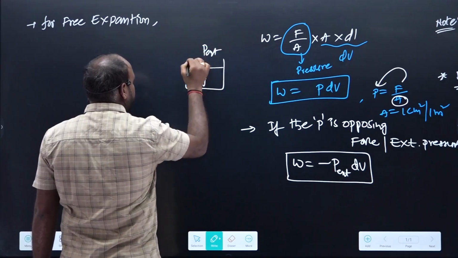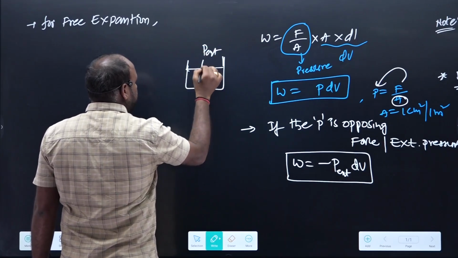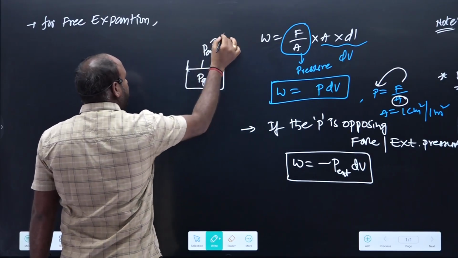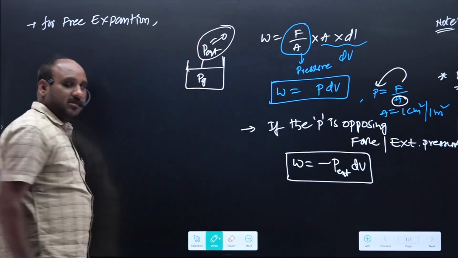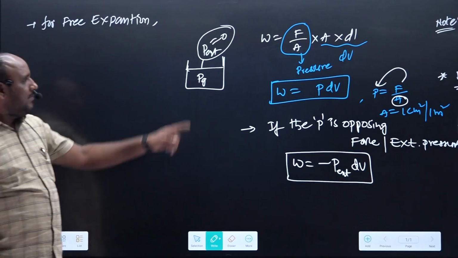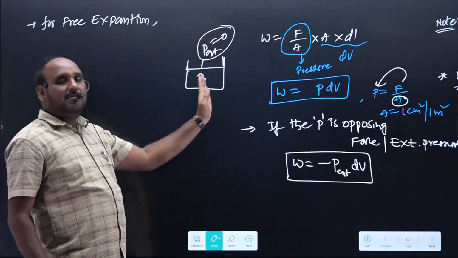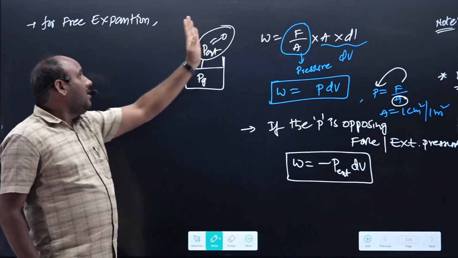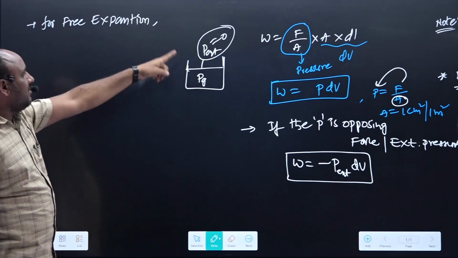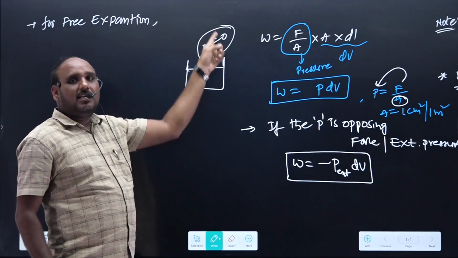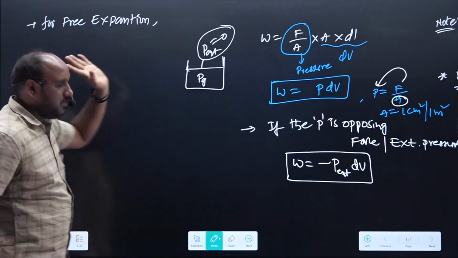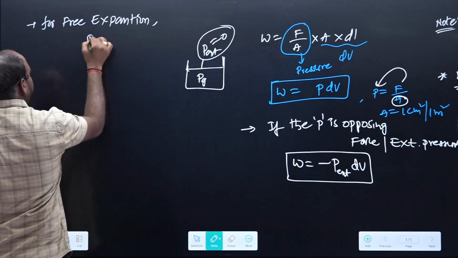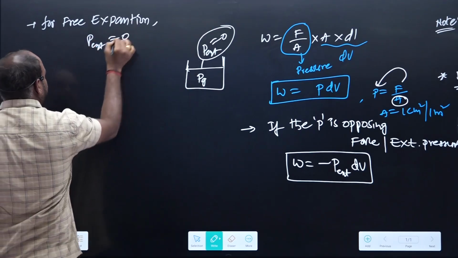Whenever the piston moves up, P external becomes 0, which means it moves freely. That is the expansion process. So when free expansion is carried out, its external pressure will be 0. So for free expansion, P external is equal to 0.